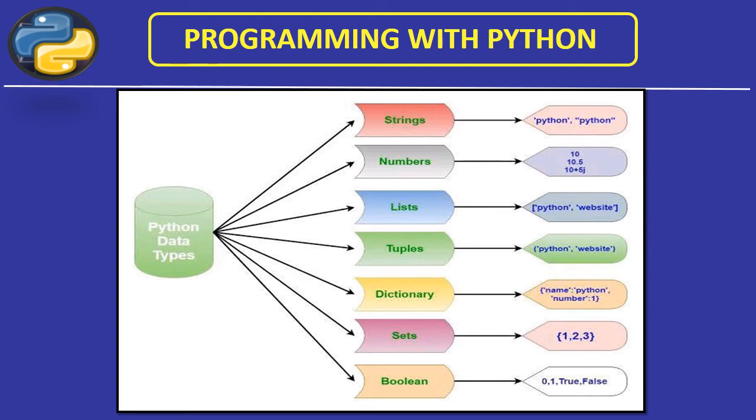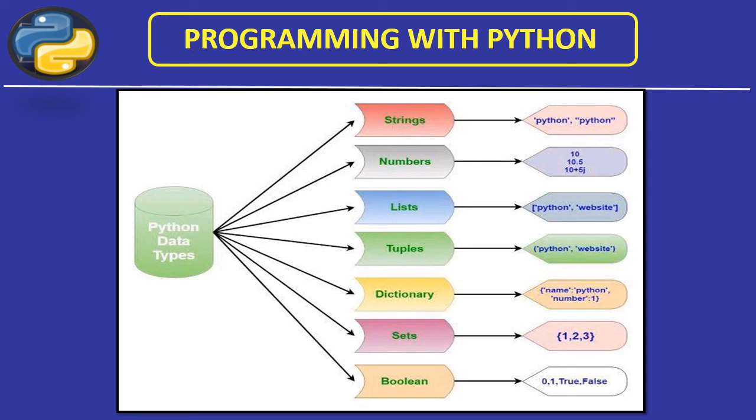Dictionary, another data type here, is also a special data type that stores a set of values in the form of key and value pairs. So these all are advanced data types: list, tuples, dictionary, sets. We will be discussing these data types in detail. A special chapter is there in your book for these advanced data types.